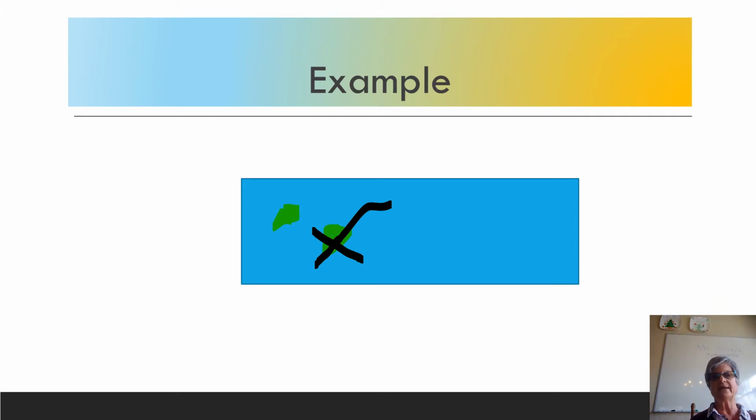And they walked away. Now, I have to decide how many are left. You're right. I have one child left. So I started my story: two children came and sat on the rug, and one child walked away. Now I have one child left because I have one green dot left.